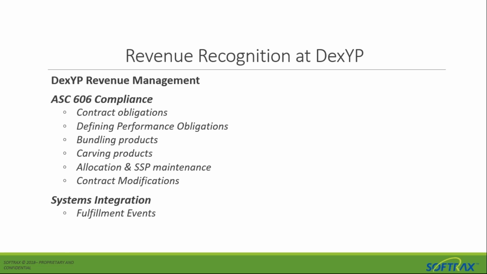I think for us, initially, it's been, what is a contract? Because the concept over here at DexYP is the customer is fluid. So they may buy 5 items today, 2 items tomorrow during their window of time with a sales rep. They may change their mind here and there.